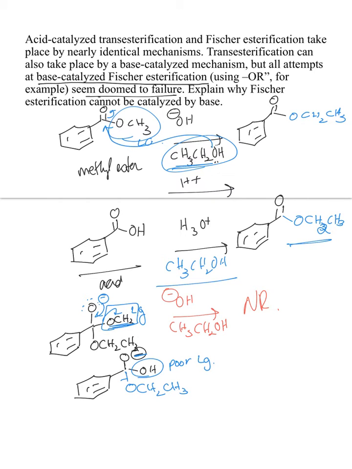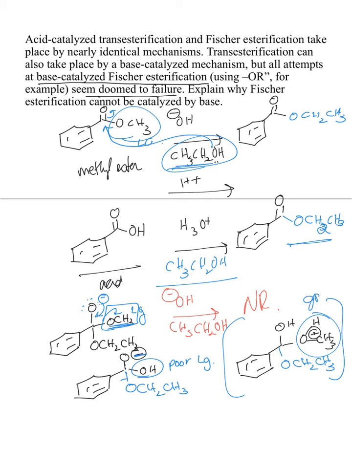So the base doesn't work. But if it's acid, what happens? This would actually be protonated, like this. And then you have your ethanol. So this is your intermediate. This is a good leaving group. So when this comes down and this leaves, you get your ester. But in base here, this OH is a poor leaving group. It's not going to leave. And that's why it does not work.